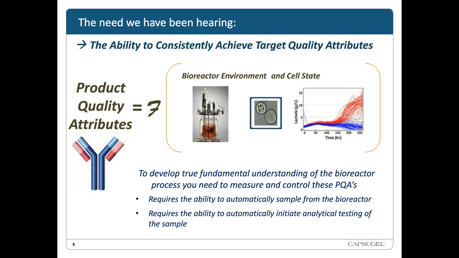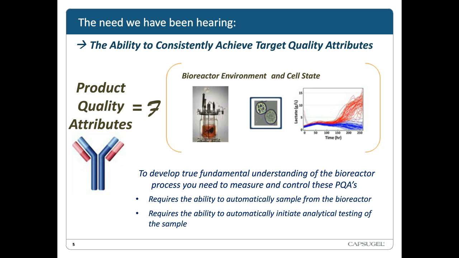So we've been out talking as an engineering firm, as a problem-solving firm, helping companies solve their problems. And we've been hearing constantly that people need the ability to achieve their target quality attributes. And through research, we really believe that the product quality attributes are a function of 2 things. One is the bioreactor environment.